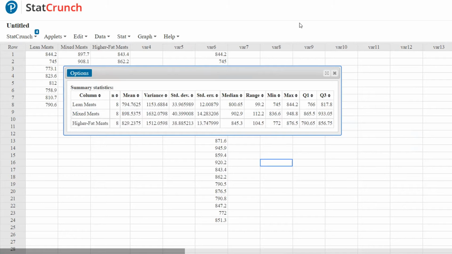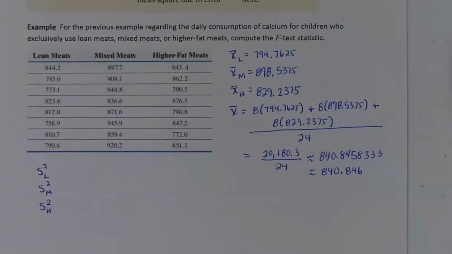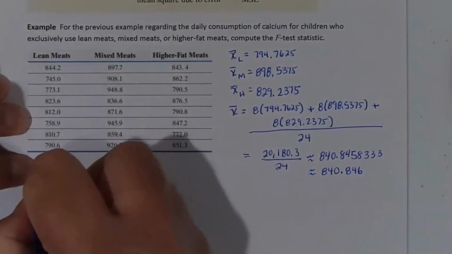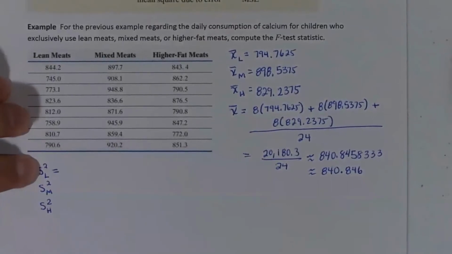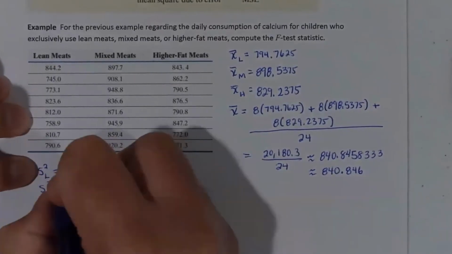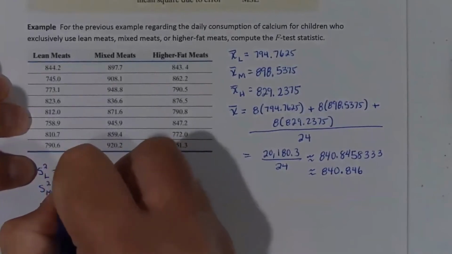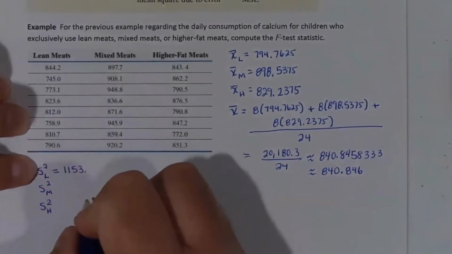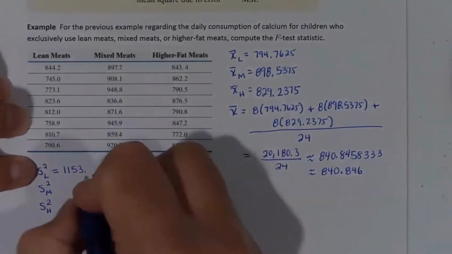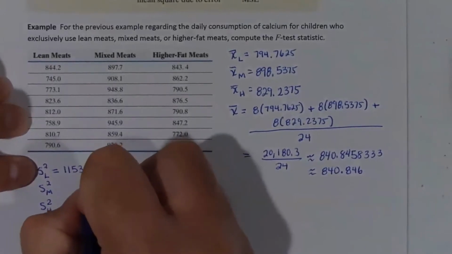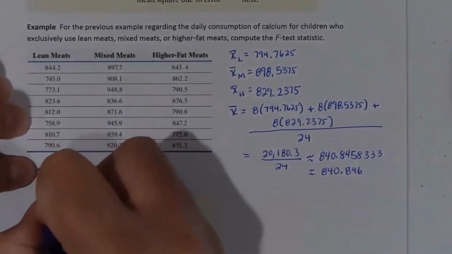So I'm going to come back to my page here and write those down. And again, it's the variances that I want, not the standard deviations. But if you have the standard deviation, you can square it. So again, for the lean meats, the variance is 1,153.688 approximately.